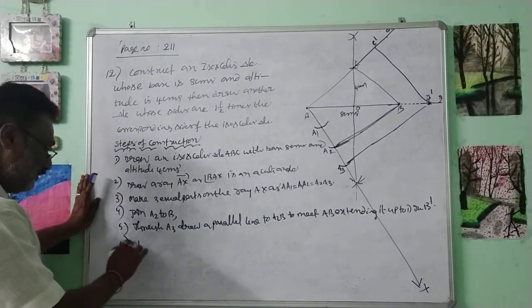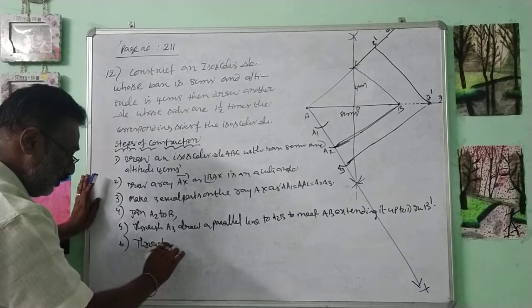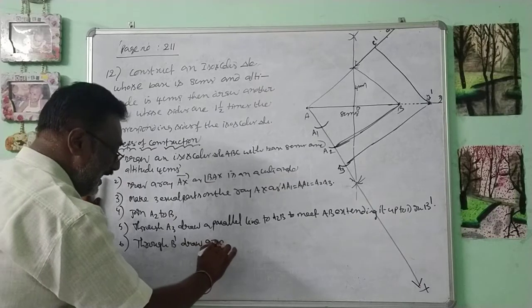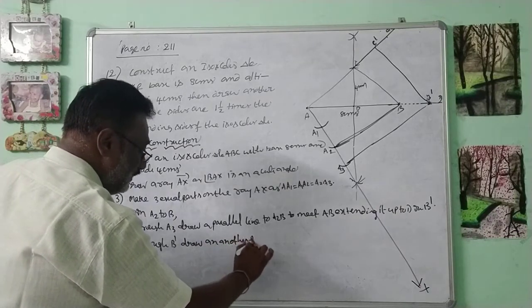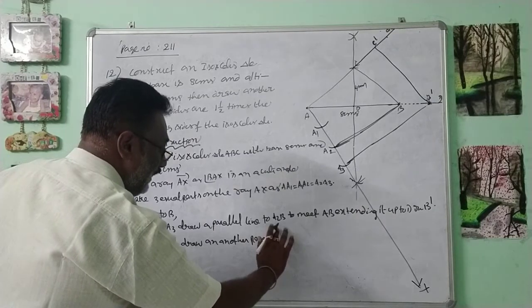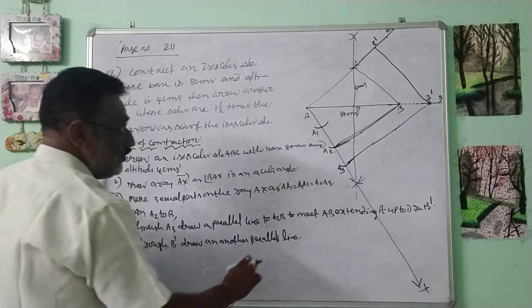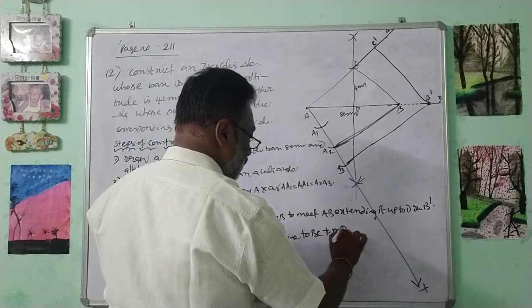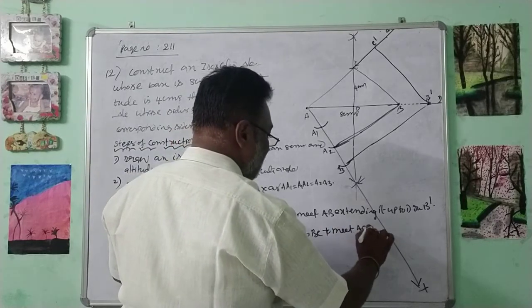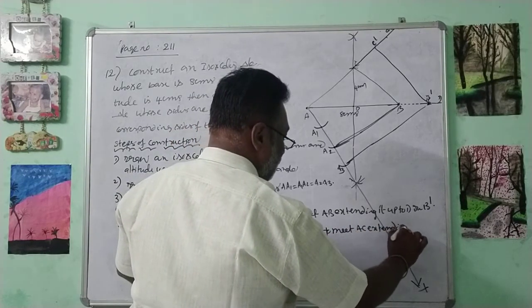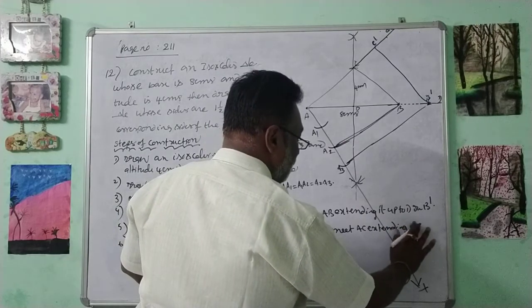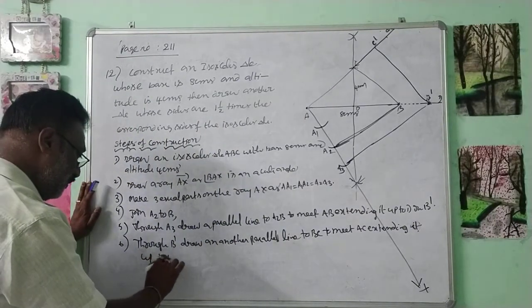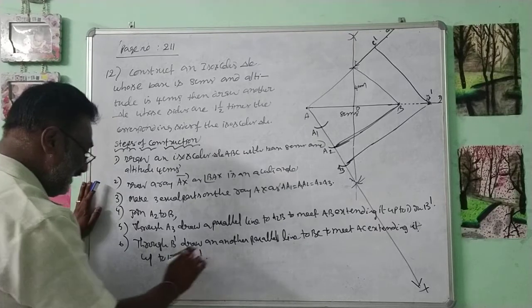Next step, through B dash, draw another parallel line to BC to meet AC, extending it up to E in C dash.